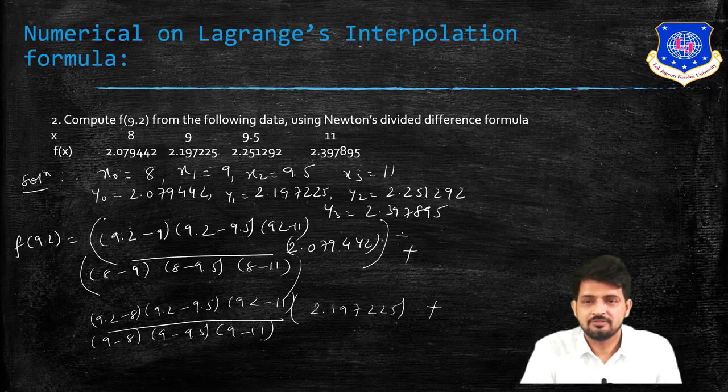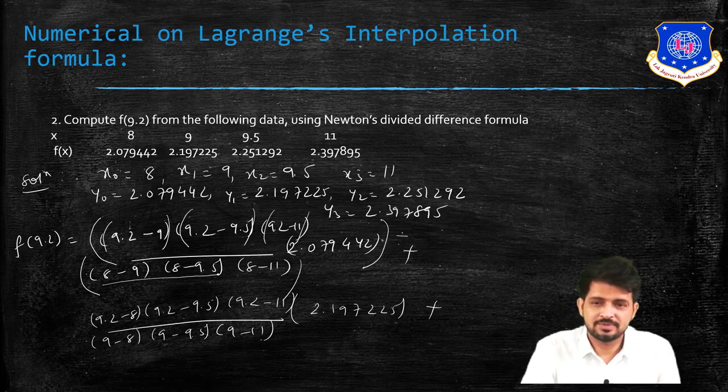For example, make an opening bracket, then write these values in the bracket, again this value in the bracket, then again this value. The bracket of the numerator will complete, then divided by, in brackets, all these values you have to write. By solving this, you can get the final answer. I am not solving the whole numerical, you have to do it by yourself, it is for your practice.